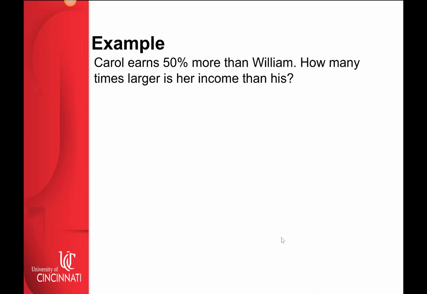Carol earns 50% more than William. How would you figure out her salary? Let's say William makes $45,000. Where'd I get $45,000? Just made it up. If Carol earns 50% more, we're going to take this $45,000, and what are we going to multiply by?